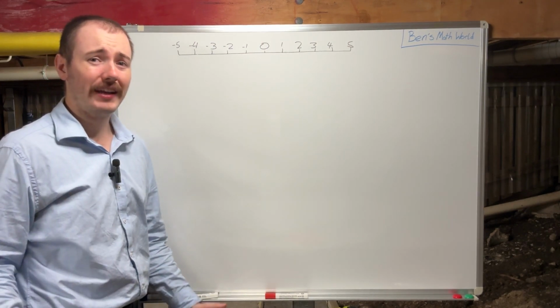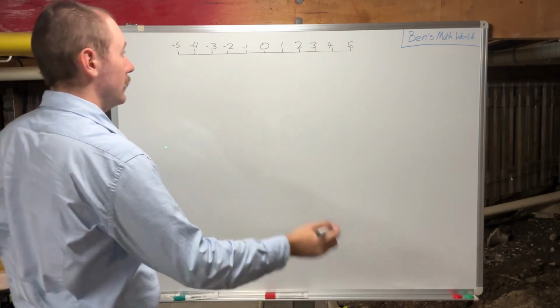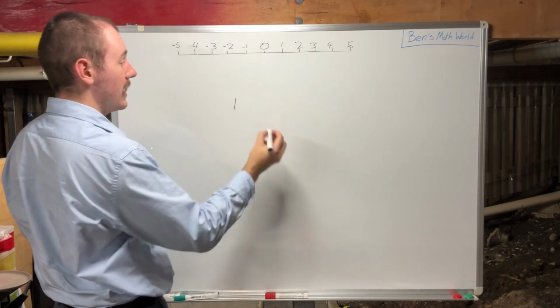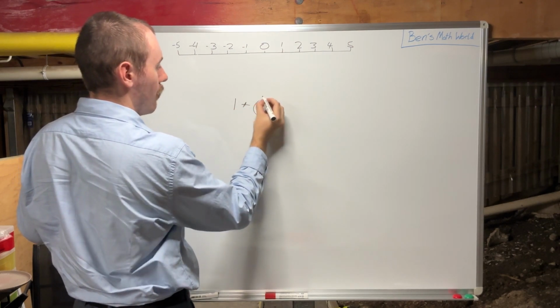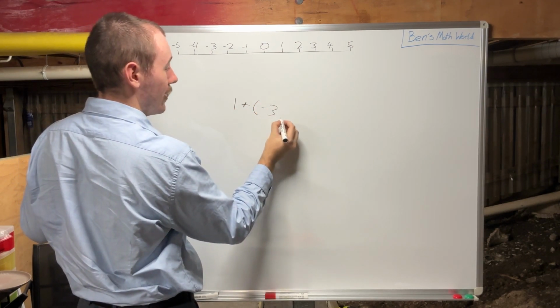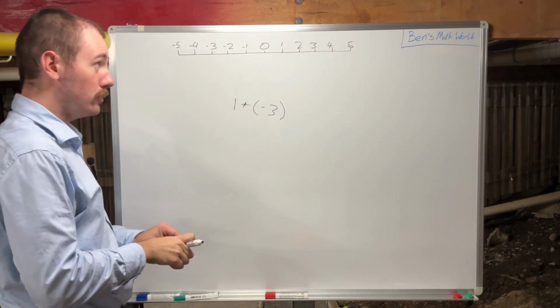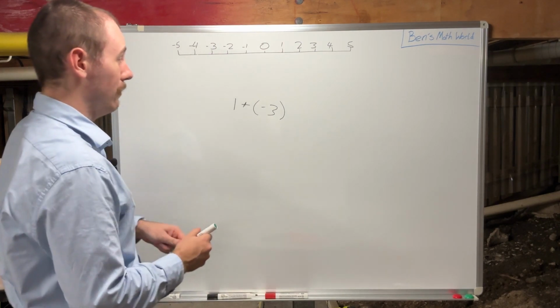So now we're going to look at adding negative integers, okay? Let's start with 1. Now we're going to add, so plus -3. We're adding -3 to 1. A good way to visualize this is to take a look at our number line.